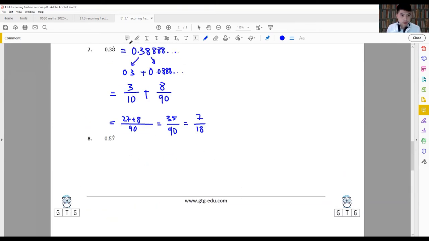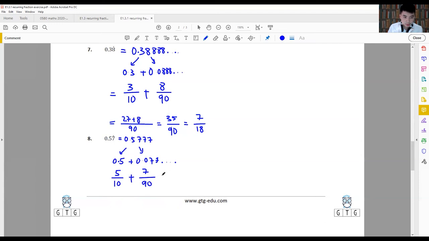Okay. One more example question that is similar to this. 0.57777 can be broken down into 0.5 plus 0.077 recurring. Okay, then this is again 5 over 10, or in other words 1 over 2, plus, using the same method as earlier, 7 over 90.